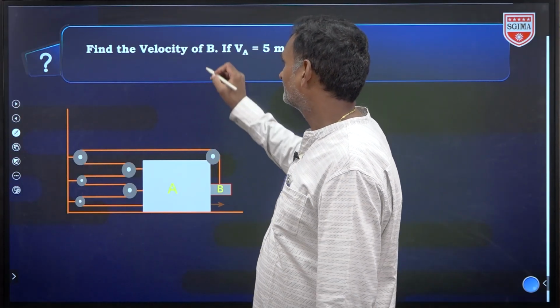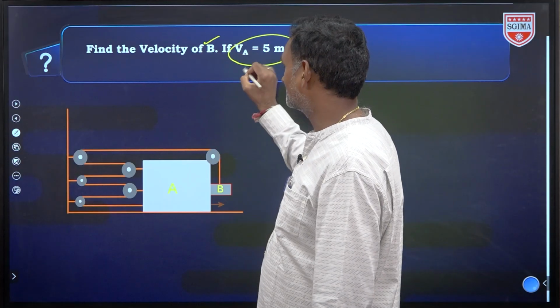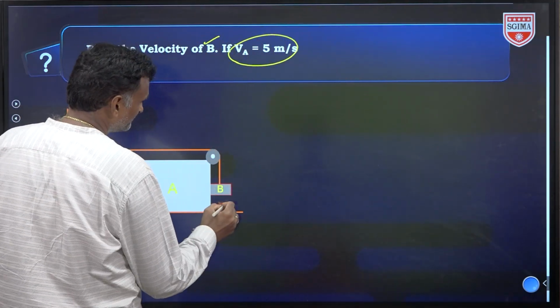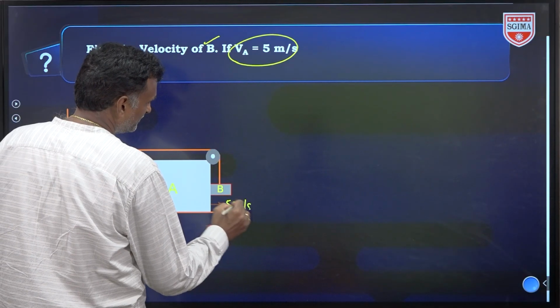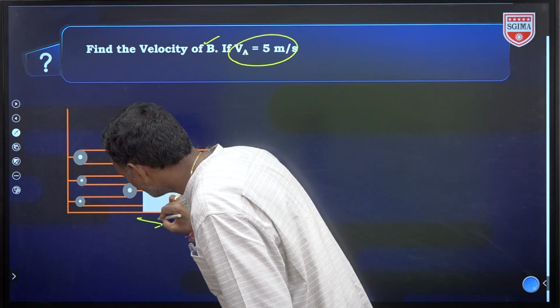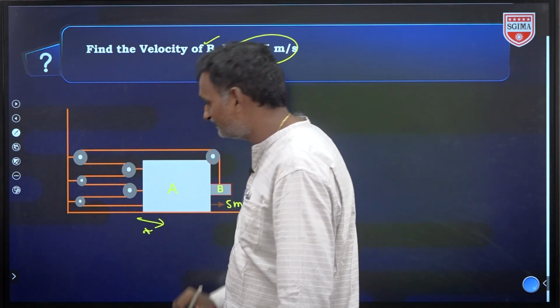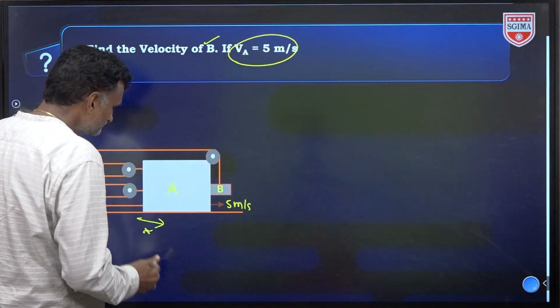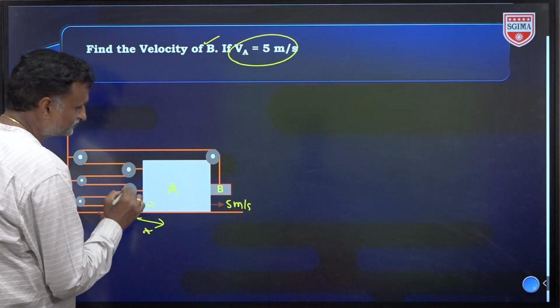First of all, find the velocity of B if VA is given as 5 meter per second. Okay? So let us see here, it is going with a speed of 5 meter per second. So again you can consider it is going right side with a displacement of x. So this gives you x, okay?